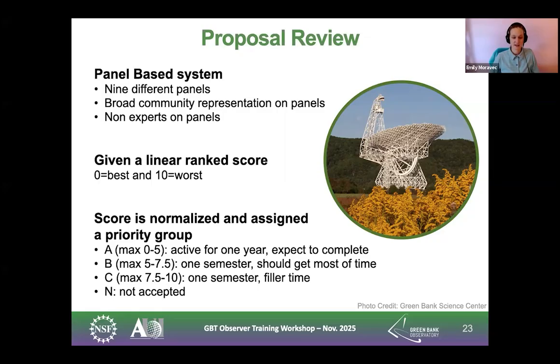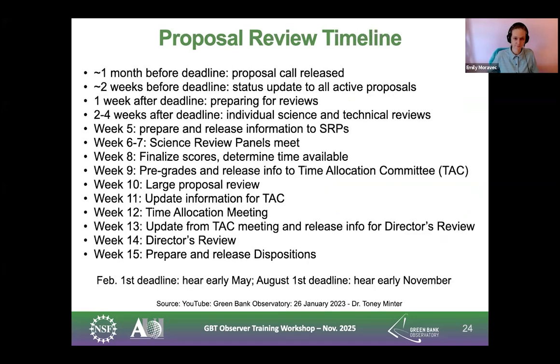B is the next, and it's only active for 1 semester, and it should get most of its time. C is 1 semester, and it's filler, so it's not guaranteed that you'll get all or even much of the time, but it's nice to have some time. And then N is not accepted.